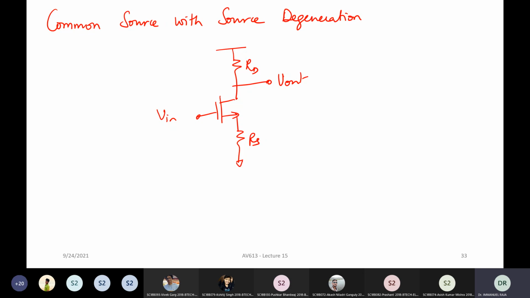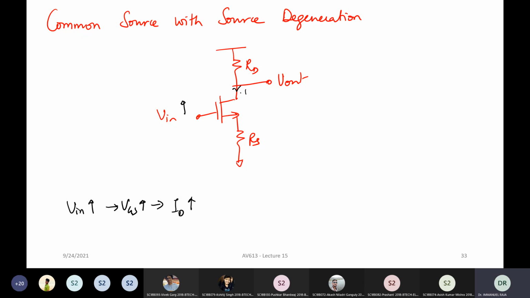Now, one easy way to understand this is, let's say Vin increases. What happens when Vin increases? Obviously, the current increases, right? Vin increasing means the VGS increases, resulting in the drain current increasing.